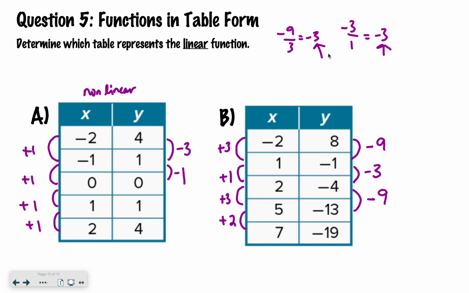So that's the same one right here. And then going from -13 to -19, that's -6, and then that's over a 2. -6 divided by 2 is -3. So you can see all of these fractions end up simplifying down to the same number. And that means that this is linear.